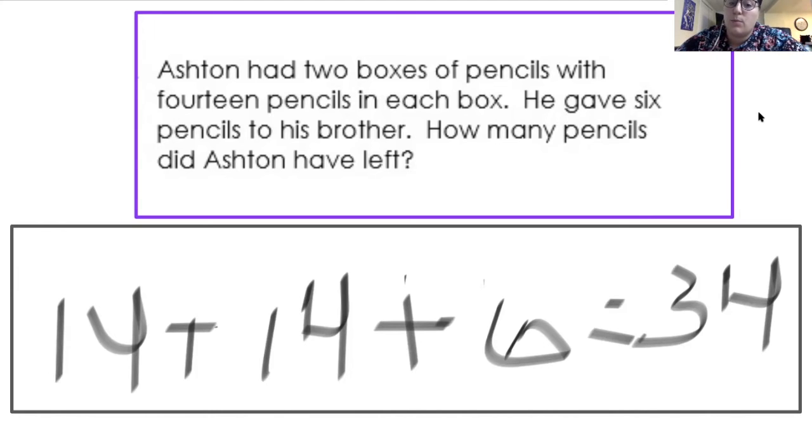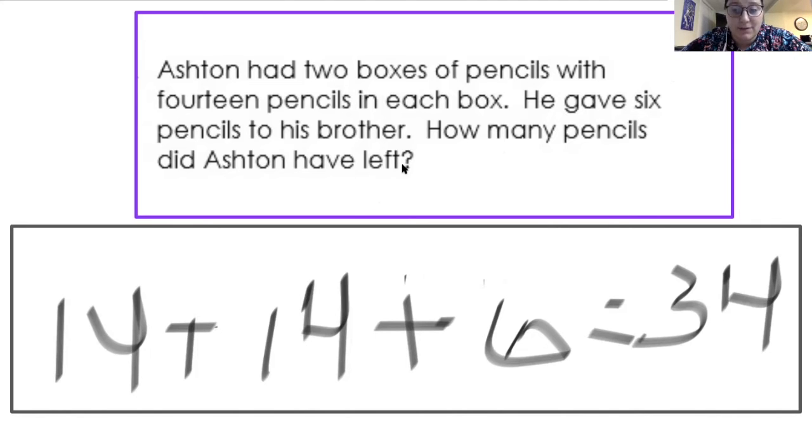So if you look at the problem based on what you knew, he had 2 boxes of pencils of 14. Okay, 14 and 14. I see that here, 14 plus 14. He gave 6 pencils to his brother. How many pencils did Ashton have left?